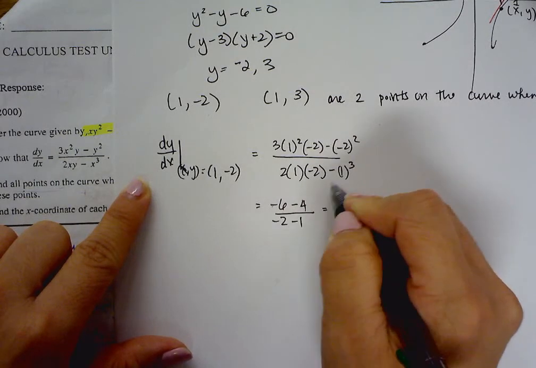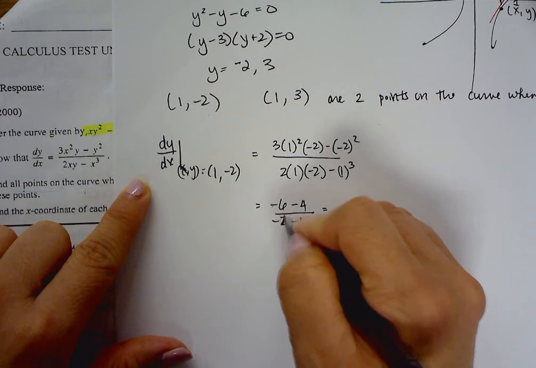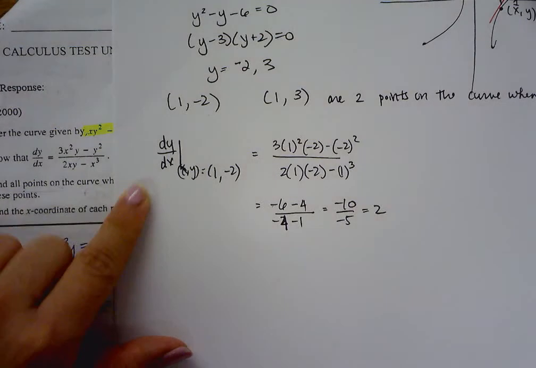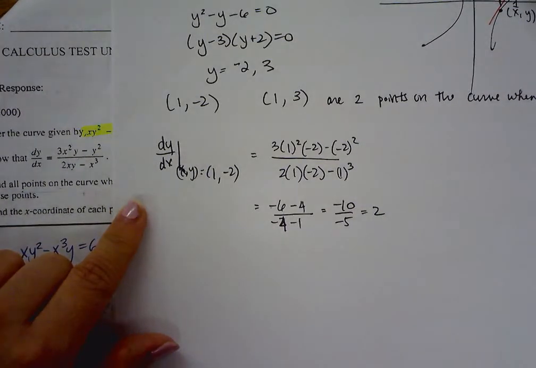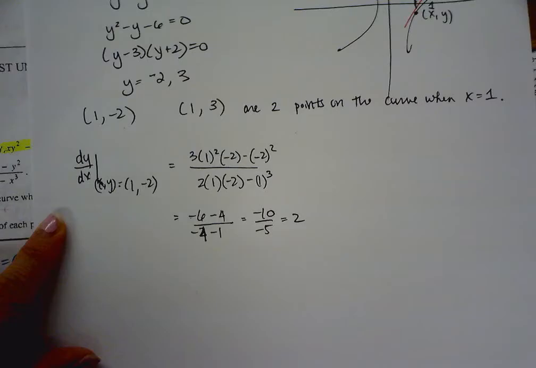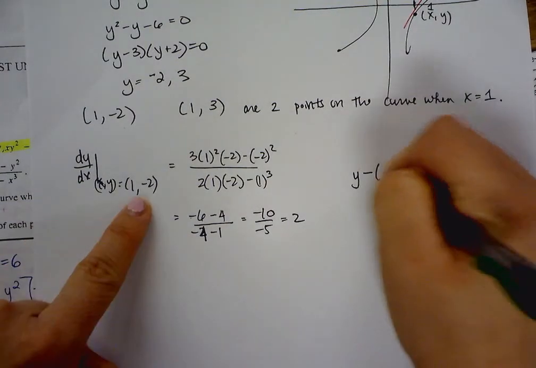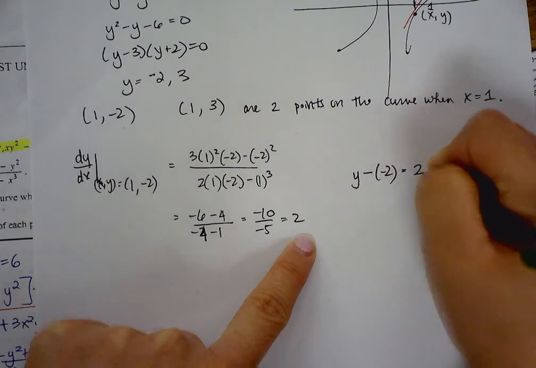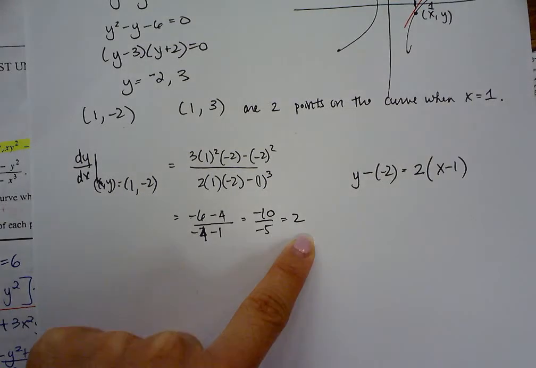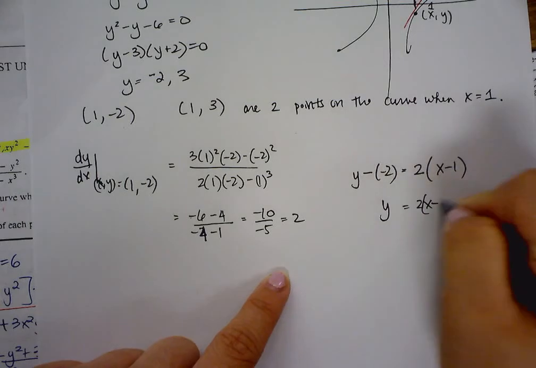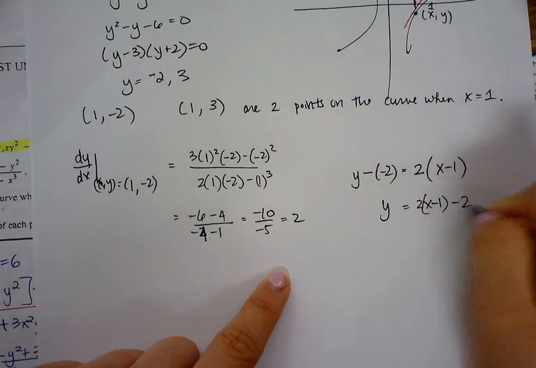No, negative 4 minus 1. So that's negative 10 over negative 5, so it's 2. So what's my slope at the first point? 2. So therefore, what is my tangent line? y minus negative 2 equals 2 times x minus 1. That's my first equation, right? Or you can say y equals 2 times x minus 1 minus 2 if you want.